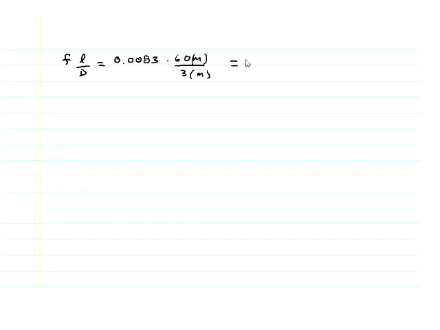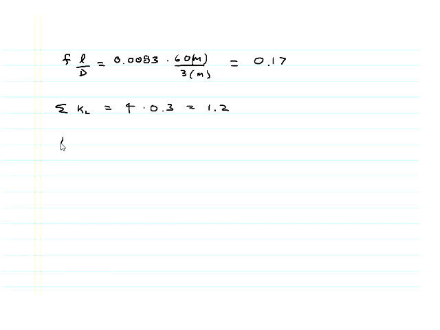So this first term comes out to be 0.17. The second term is the sum of the losses, and there are 4 elbows with a loss coefficient of 0.3, so this comes out to be 1.2. This term is about 7 times that term. So for this problem, the head loss due to the elbows is going to be about 7 times that due to friction along the smooth walls.